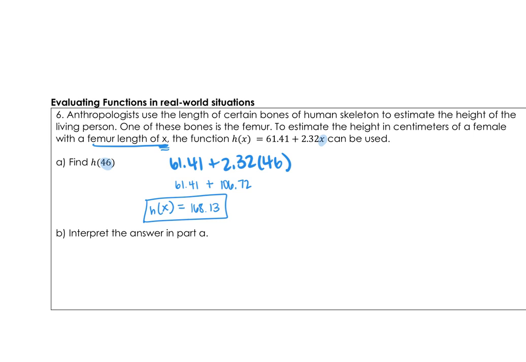The femur length. That was our x. And we're using that to find what? What were these anthropologists using that for? To find the height of that female, right? So if x was 46, which is the length of the femur, and what we found was 168.13, what did we find?